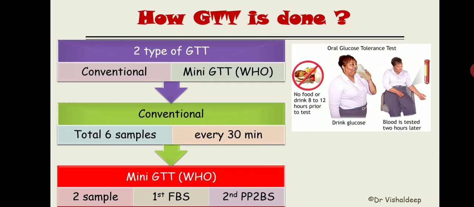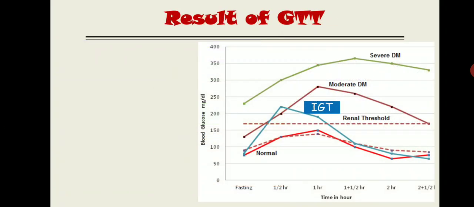Now how do you show the result of the GTT? As far as the conventional GTT is concerned, this is the graph showing the conventional GTT result. In the y-axis is the blood glucose level, in the x-axis is the time.